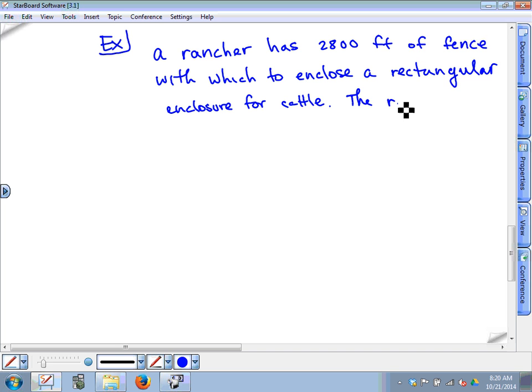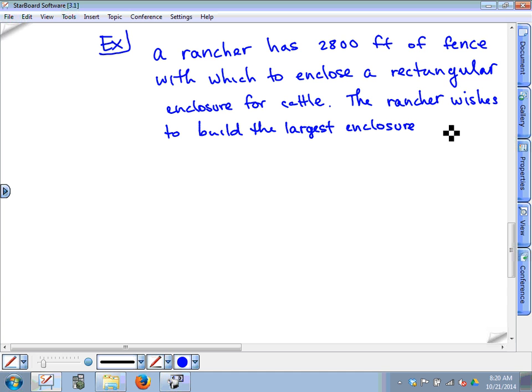The rancher wishes to build the largest enclosure possible using all of the fencing.